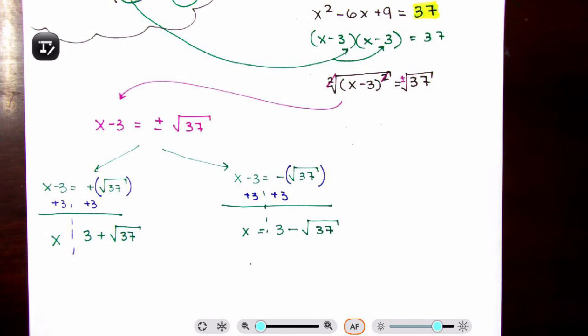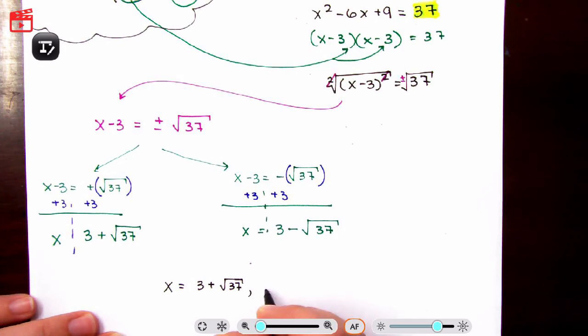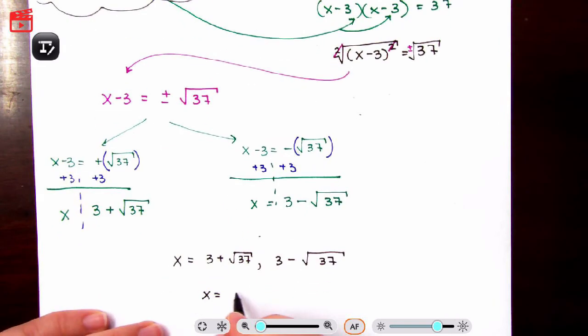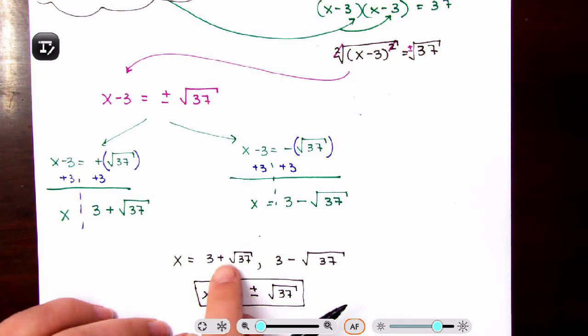It has to stay outside. So what are our answers? Answers for x are 3 plus the square root of 37 and 3 minus the square root of 37. Now sometimes you'll see it written as 3 plus and minus square root of 37. If you wish to combine it, that's fine. If not, you can leave them as separate answers.